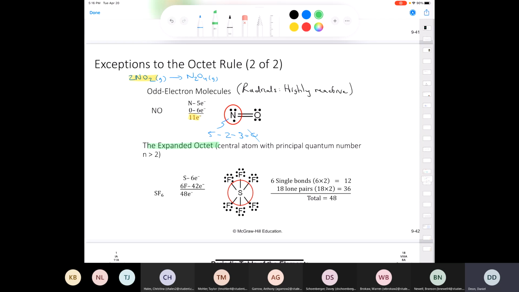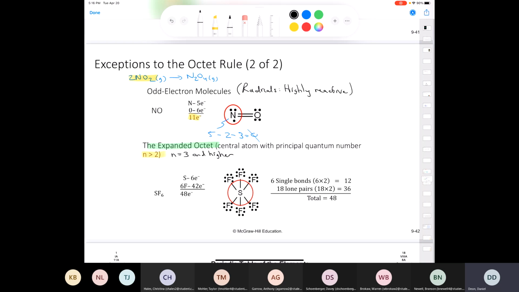If you look at any element with the highest principal quantum number being greater than 2, so anything from the 3rd period and beyond, another way to phrase this would just be n equals 3 and higher, those elements have the 3d orbitals available to them.